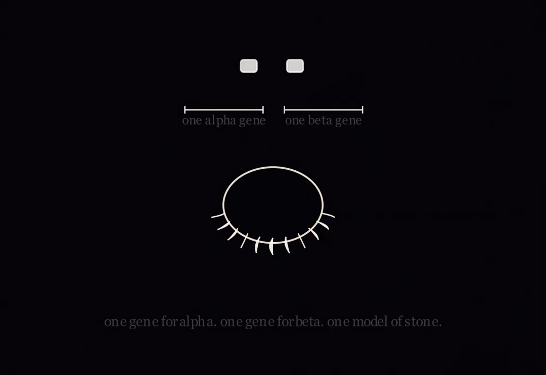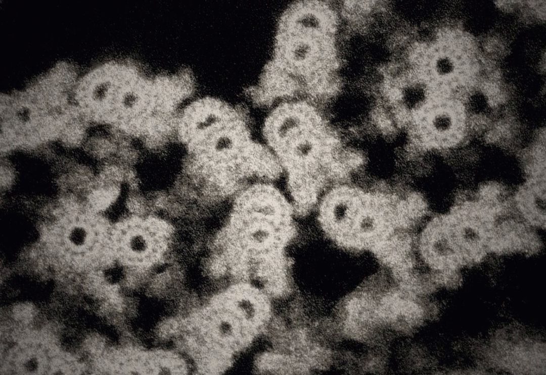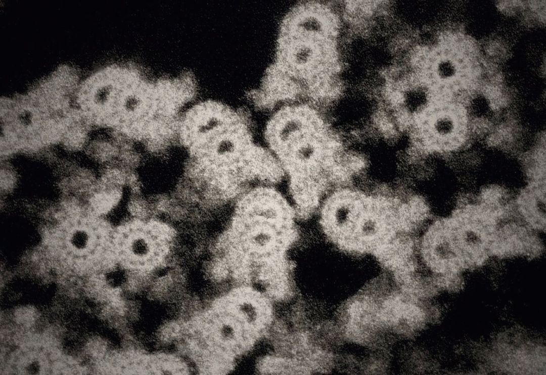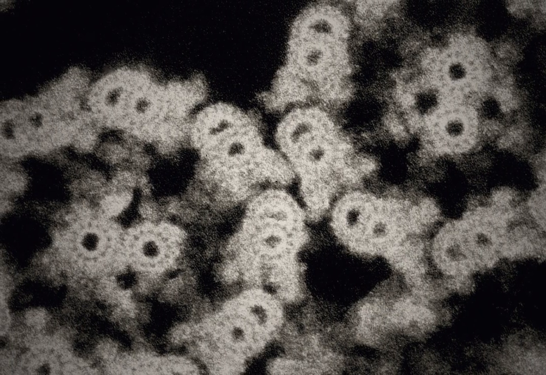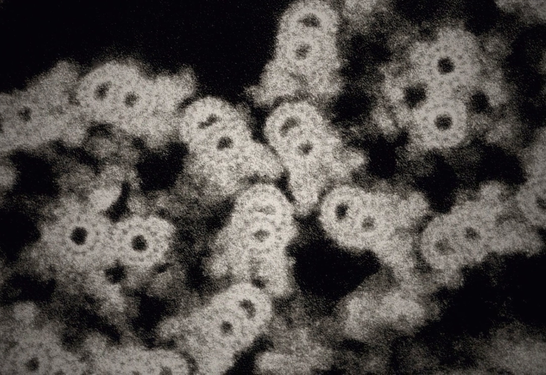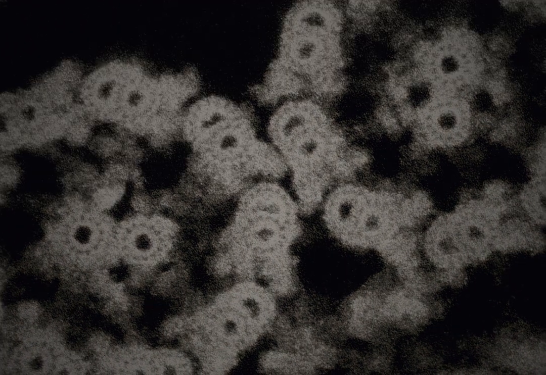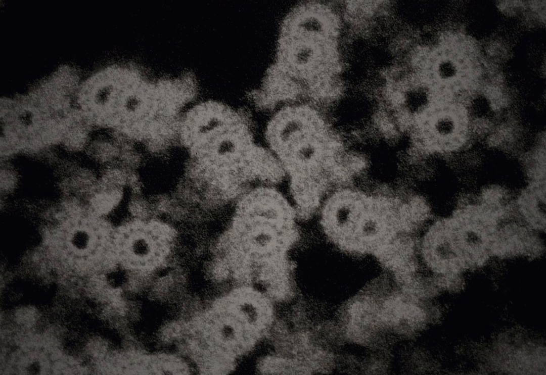Its entire genome holds exactly one gene for alpha-tubulin and one gene for beta-tubulin, one model of stone, no variety at all. Every microtubule it builds from the same two proteins. And yet, this creature runs one of the richest mark repertoires known.